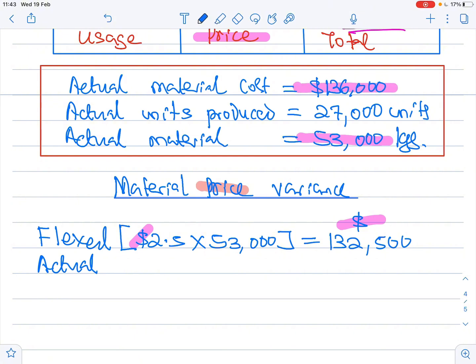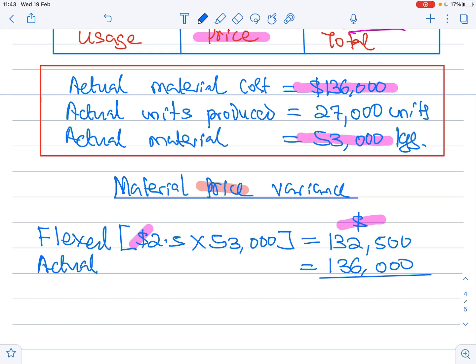So you compare that with it, which is 136. All right, so it's a case of spend 132,500 on those 53,000 kgs, but you have spent more than that. So it means the result is not going to be a favorable one.